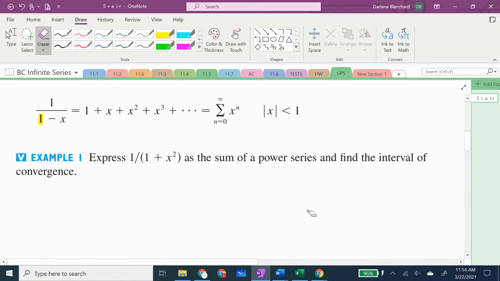And for the question of x doesn't equal 1, when you have a geometric series, you automatically know that when your r is positive or negative 1, you get divergence. And our r is right now x.